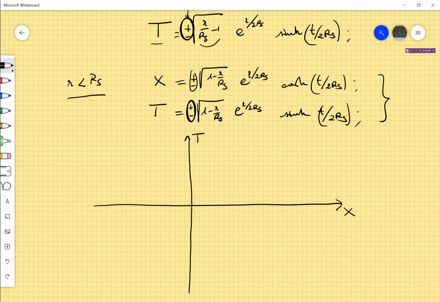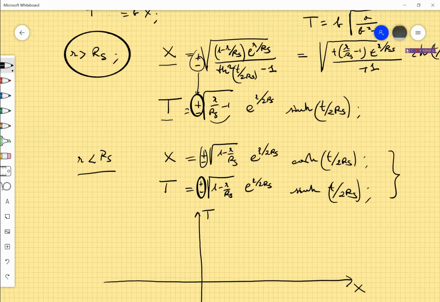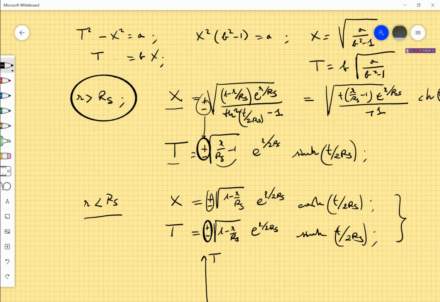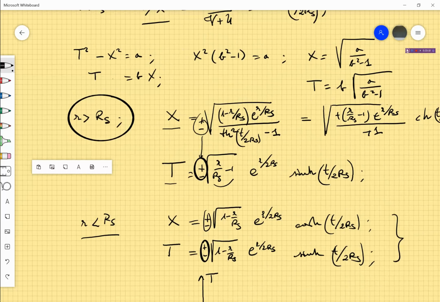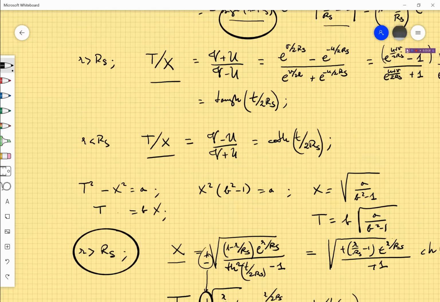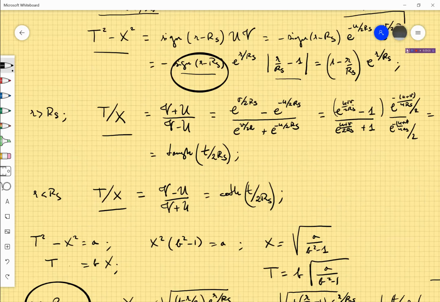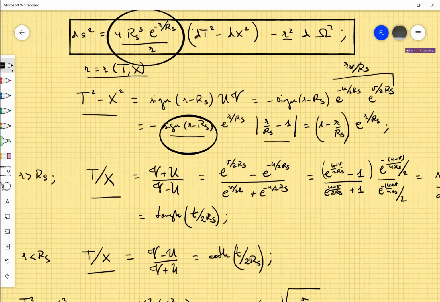Okay, so now we know that there is a singularity at r equals 0, a physical singularity. This is something that we proved. Now if we look into these expressions, r equals 0 means t squared minus x squared equals 1.